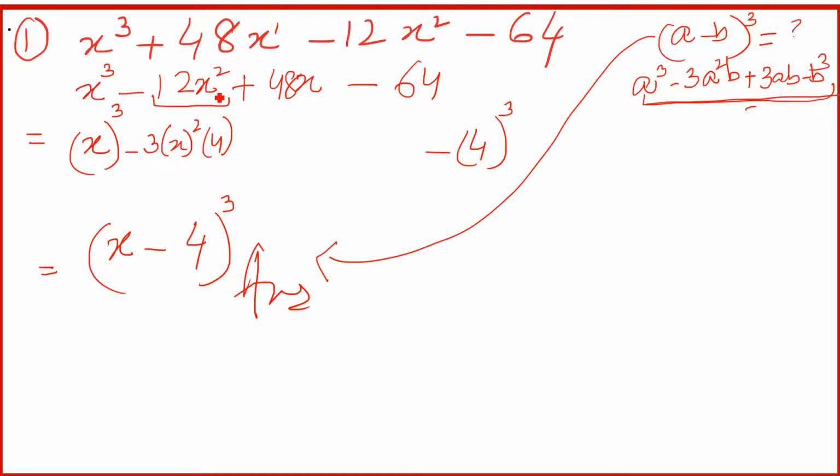It should be exactly the same. If it is not, then we have to do something extra, right? Okay, then is positive. What is the next one? 3ab square. 3, instead of a we have x, instead of b we have 4. So make the square of 4. It does not mean 4 times 2 is 8. 4 times 4 is 16. 16 multiplied by 3 is 48, 48x. So it is exactly the same.